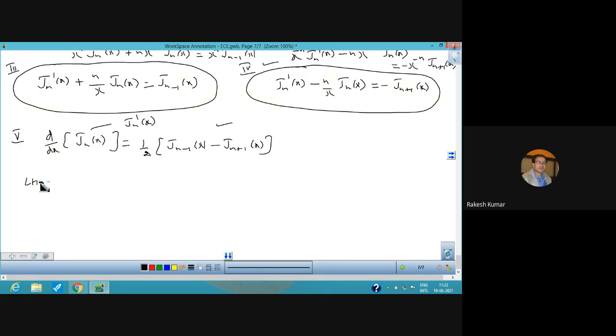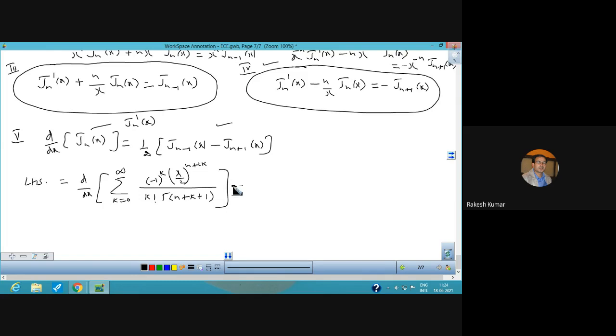So taking the left hand side, d/dx of J_n(x) will be the summation, k varies from 0 to infinity, (-1)^k (x/2)^(n+2k) divided by k factorial gamma(n+k+1).